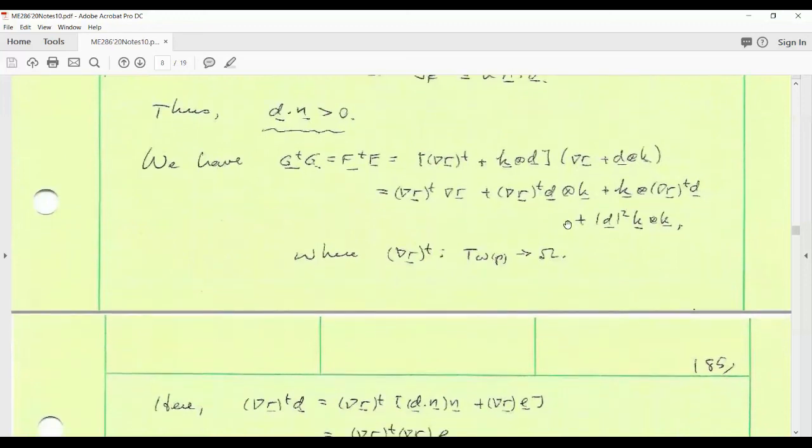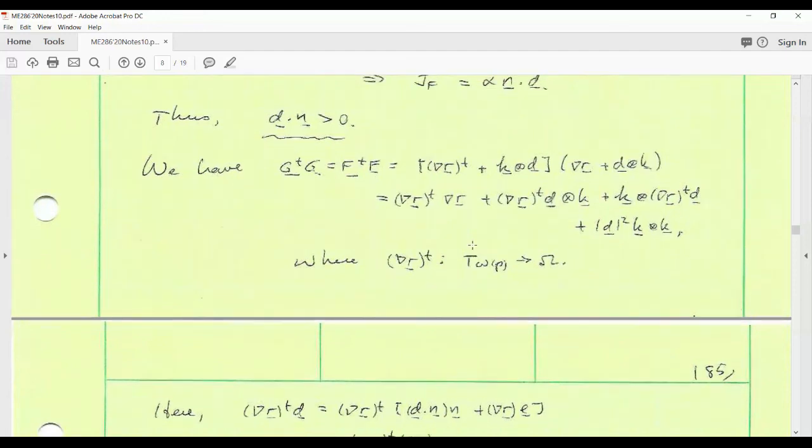So let's figure out these terms. Well, grad R maps omega to the tangent plane of the deformed midplane at the material point P, right? That tangent plane depends on which material point you're talking about because the surface is curved, so the tangent plane varies from point to point. The transpose then does the reverse. It maps that tangent plane back to omega.